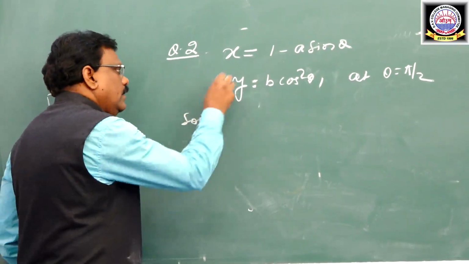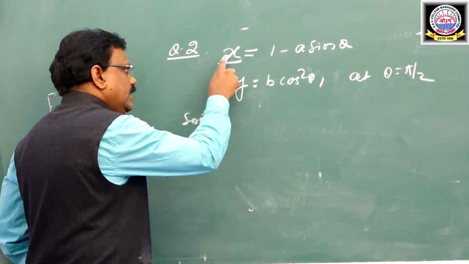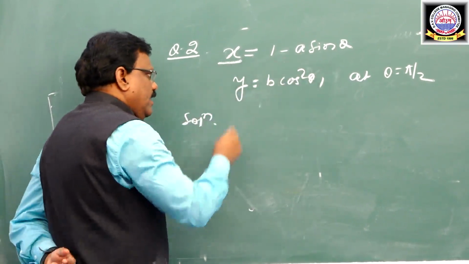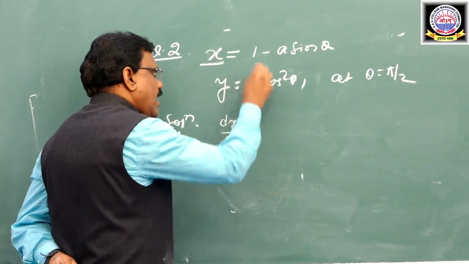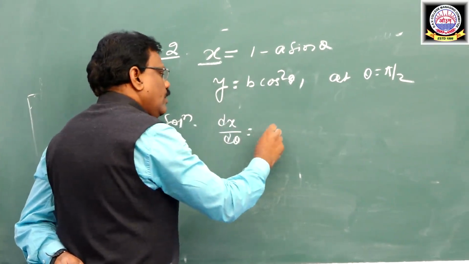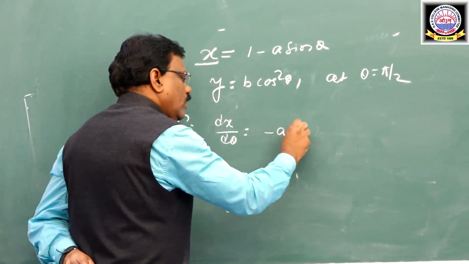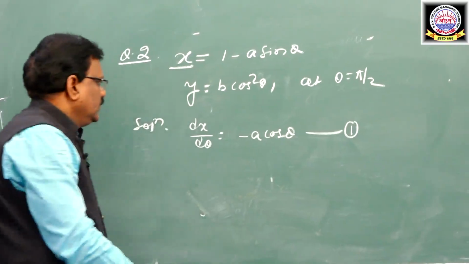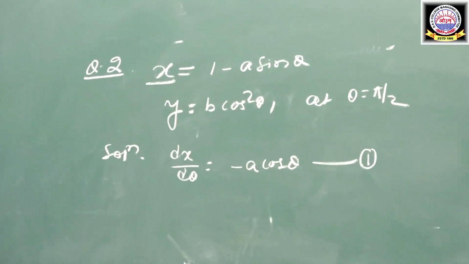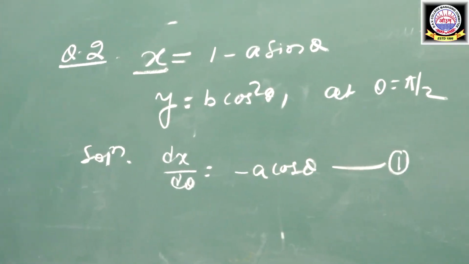Write down. Now for this case, find the derivative of x with respect to theta, dx by d theta. Derivative of 1 is 0 minus a cos theta. Make it equation 1. So dx by d theta is equal to minus a cos theta.